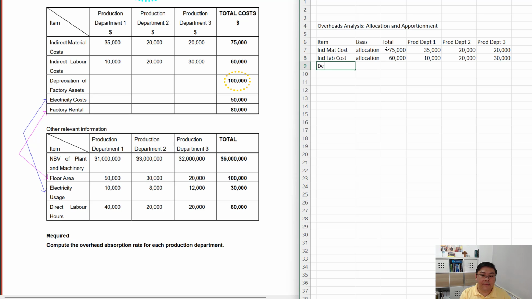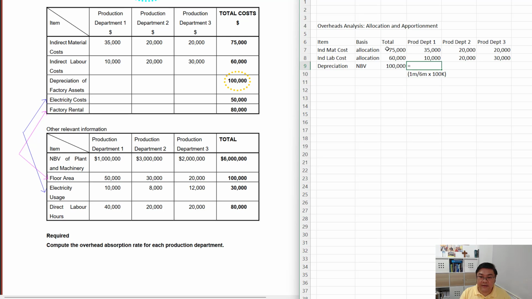Now then what about the depreciation? We're going to use the net book value of assets. The value is actually 100. Now how do you do the apportionment? You're going to use the net book value, right? If I'm just going to use a small working, I'm having 1 million out of 6 million. That's the total that I'm having. And then my depreciation is actually 100,000.